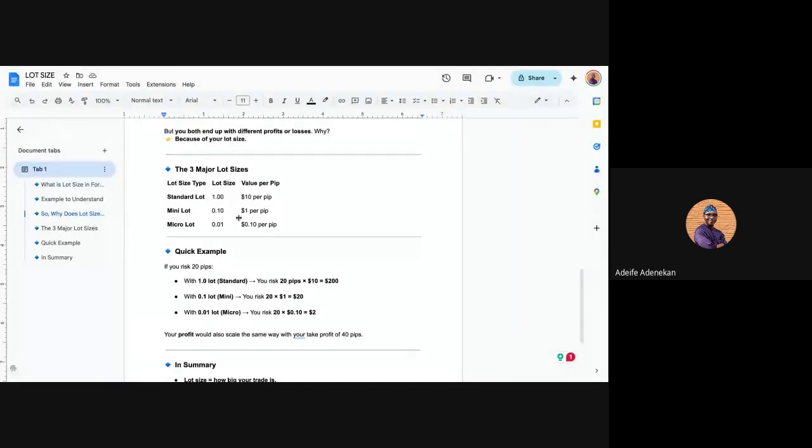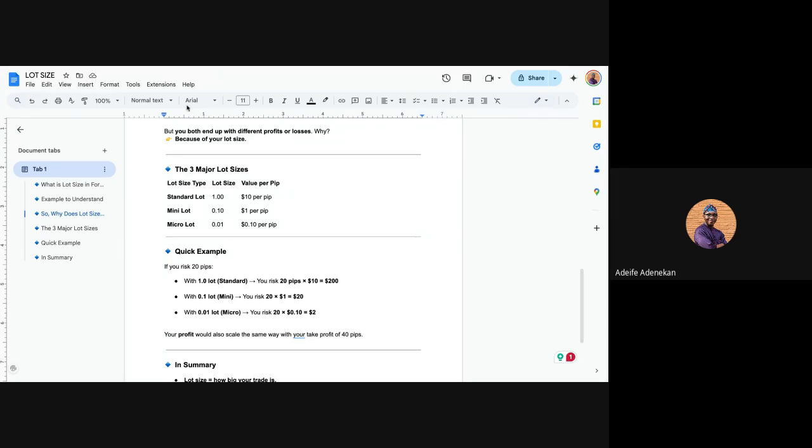So if you are expecting that price should be moving $2 per pip, you are going to be using mini lot size. Your lot size to enter that trade will be 0.20. That will be $2 per pip, right? That means every single pip that price moves for or against you, you'll be losing or making $2.